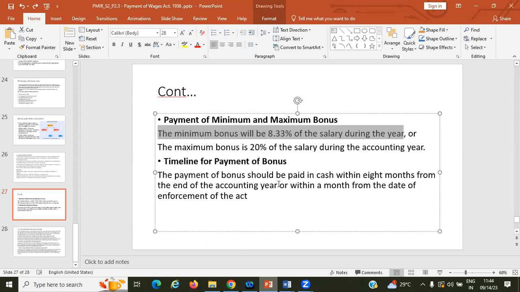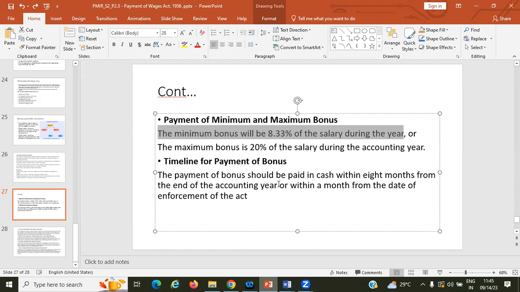There are different ways to recover your bonus. Suppose everyone got it and you did not get it, that's a problem, so you have to claim and recover your bonus. There are different rules and regulations in the act.